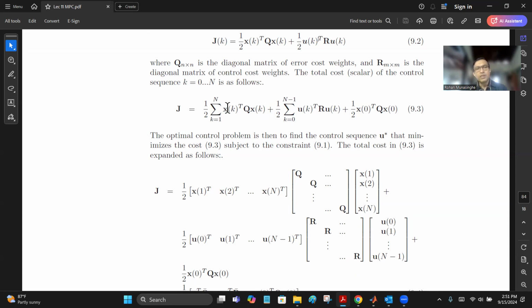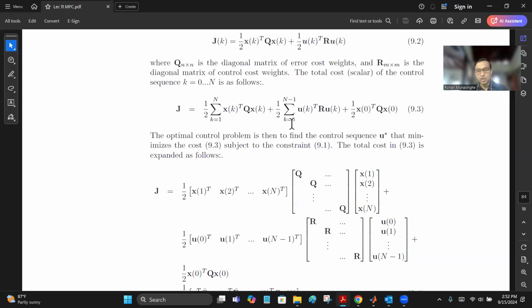The first term here, we do not start with 0, but at 0 there is a non-zero state. So therefore, there is a state cost at time 0. I have written it over here, and for some reason you will understand it a little later. So this is the initial state cost. After that, k gets to 1, then 1 to n, all of the state costs are here.